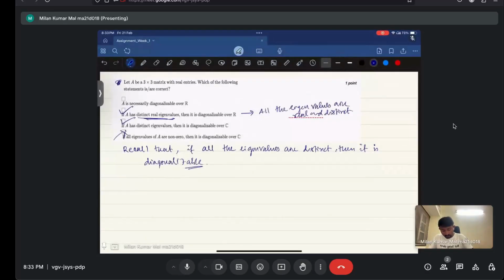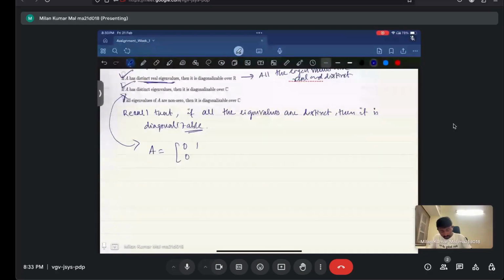That is false, because let A equal 0 1 0 0, right?